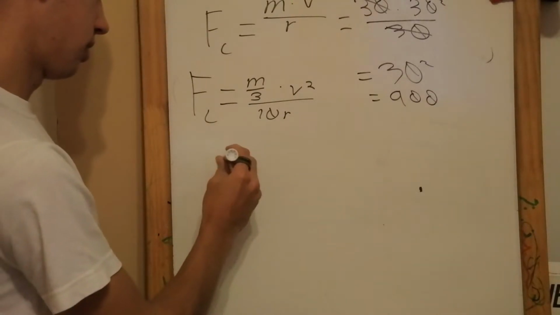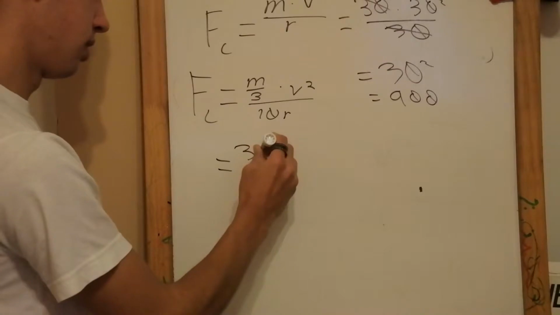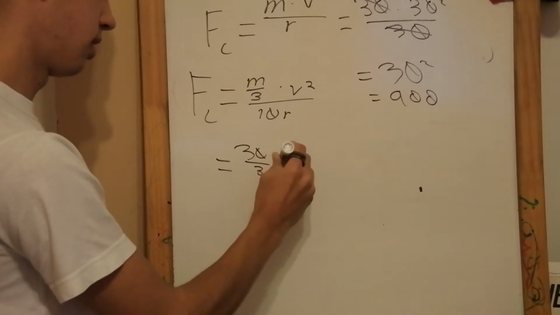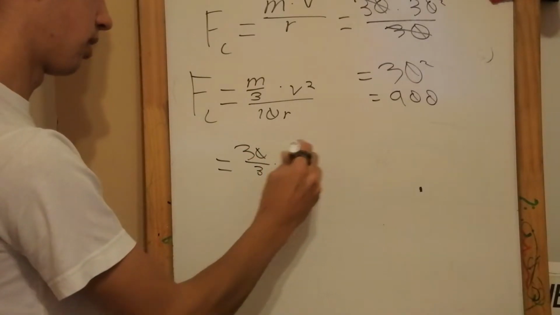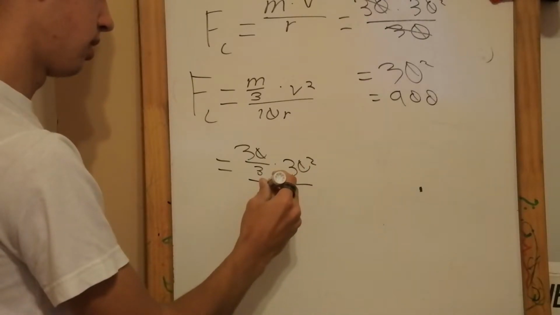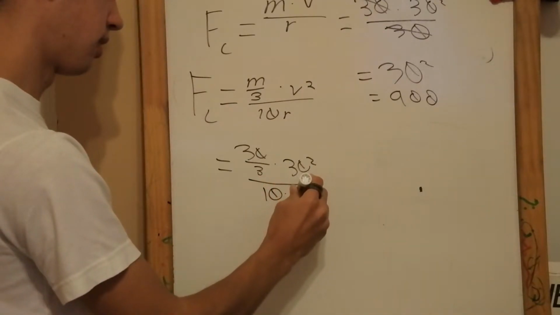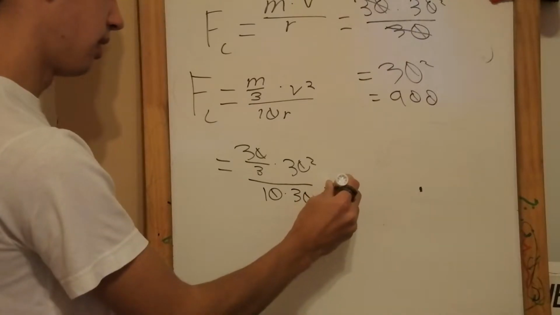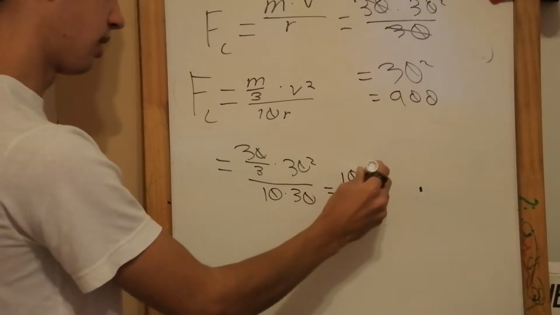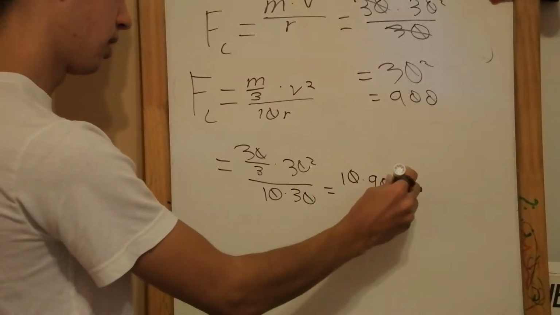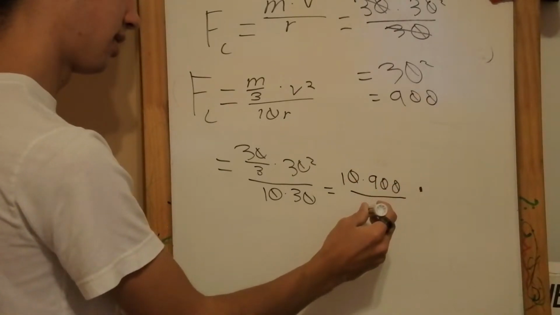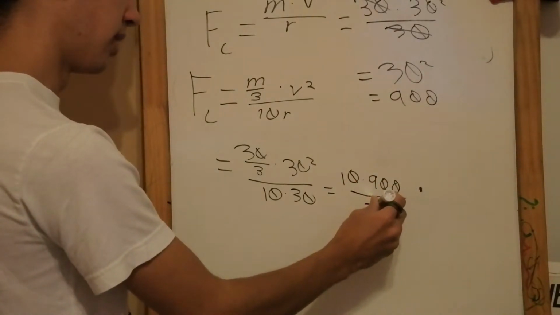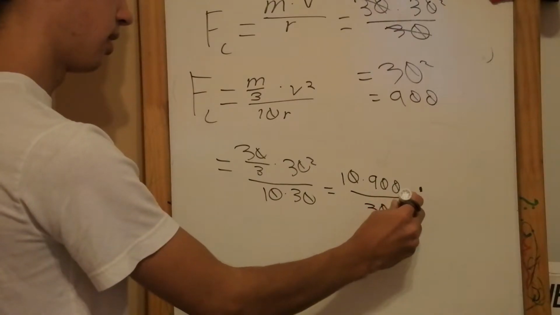For here, 30 divided by 3 times 30 squared divided by 10 times 30. That expands to 10 times 900 divided by 300.